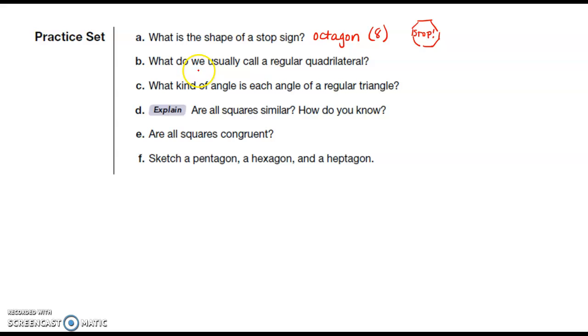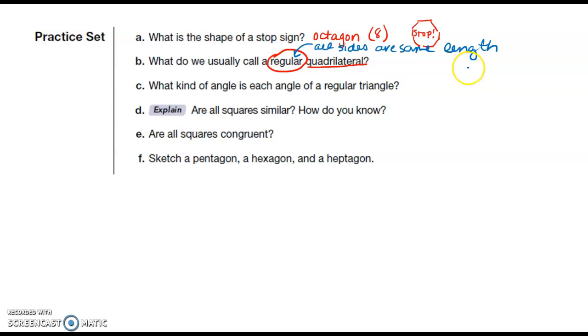What do we call a regular quadrilateral? All right, so let's break these down. I'm going to get some different colors here. Regular, as we're using it here, means all sides are the same length.